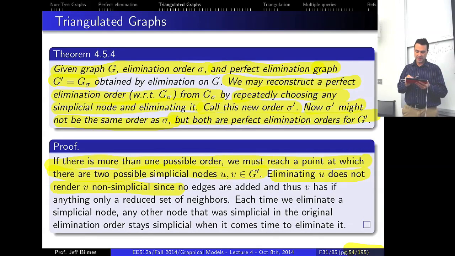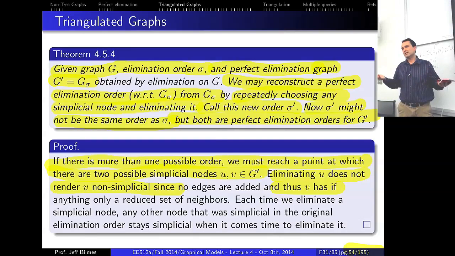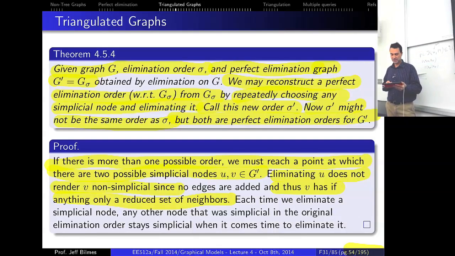And if no new edges are added, then v either has the same set of neighbors or a reduced set of neighbors. If u was one of v's neighbors, it would have a reduced set of neighbors. If it's a completely different set of neighbors, it would have the same set of neighbors. But it certainly isn't rendering v non-simplicial.